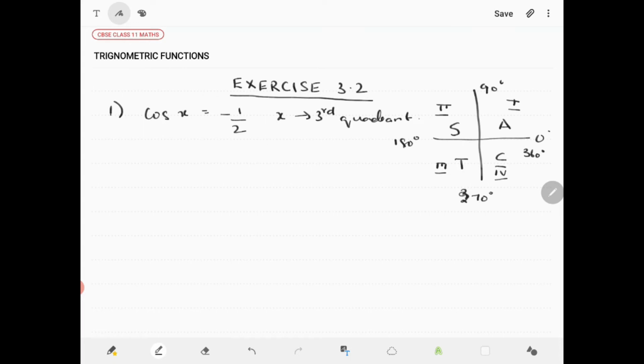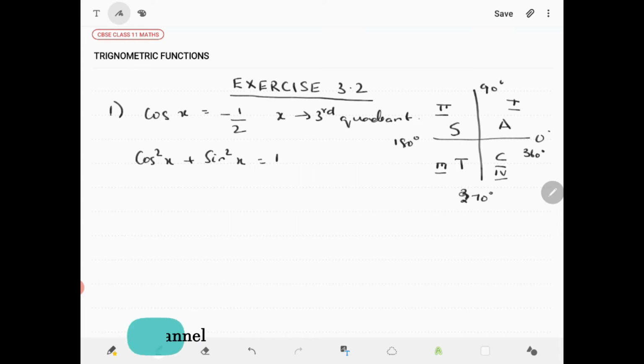So coming back to the question, cos x equal to minus 1 by 2, which means to find the values of all trigonometric functions, first of all we should determine sin x by using the formula cos square x plus sin square x equal to 1.